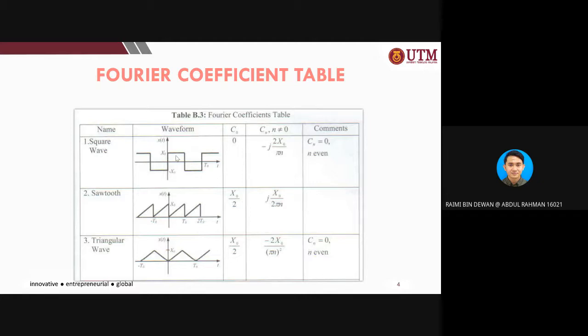Why? This is the positive part and this is the negative part. So this one is even or odd? Number 3, is it odd or even? How about this one?